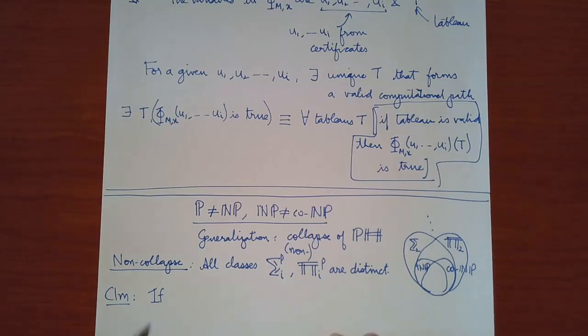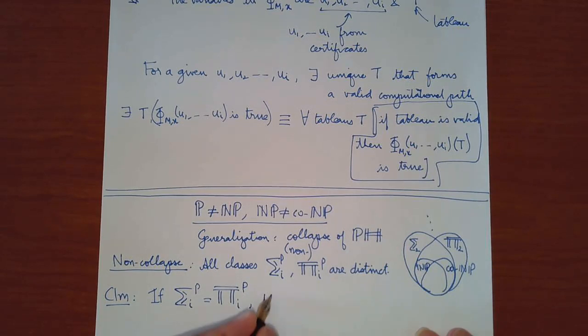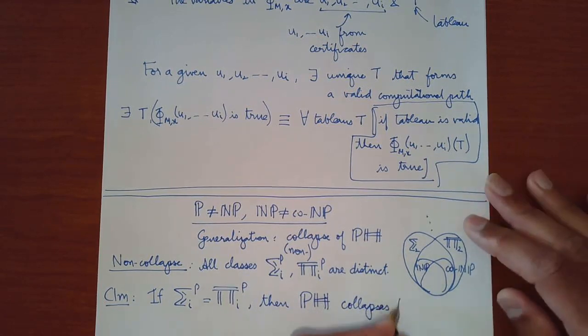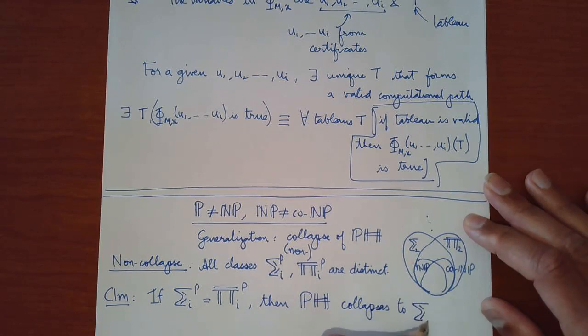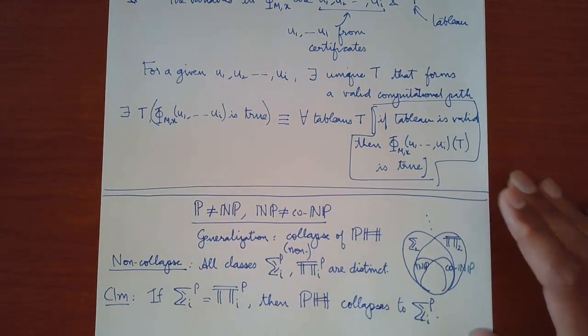So suppose any of these two classes were the same. Then actually the polynomial hierarchy collapses to sigma i. This needs a proof, but it's not very hard.